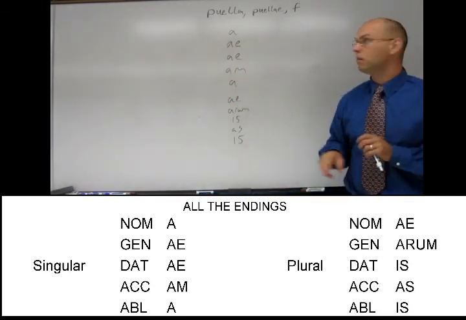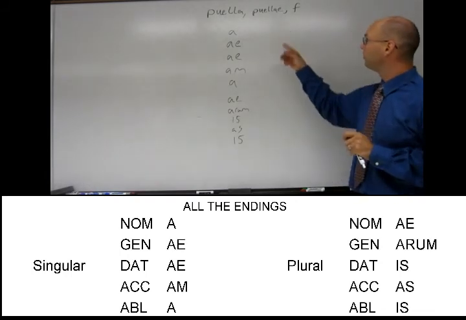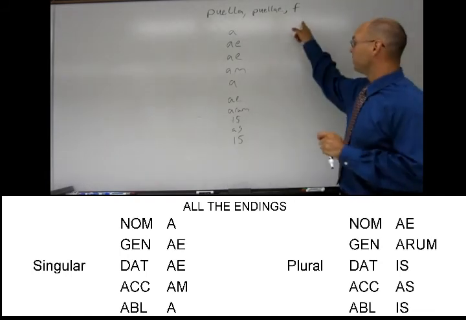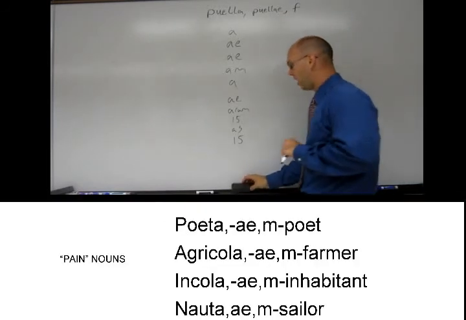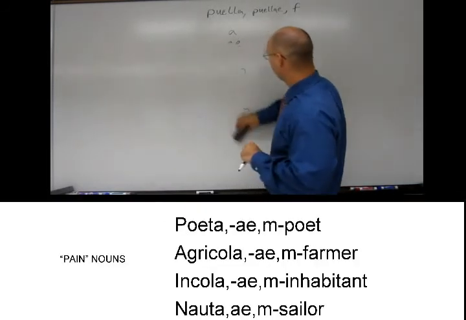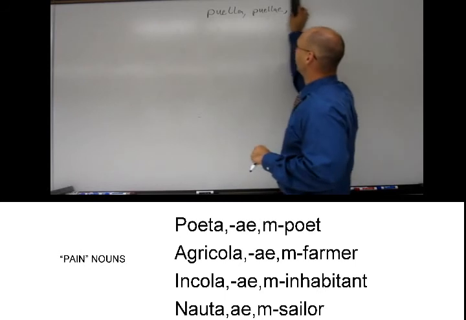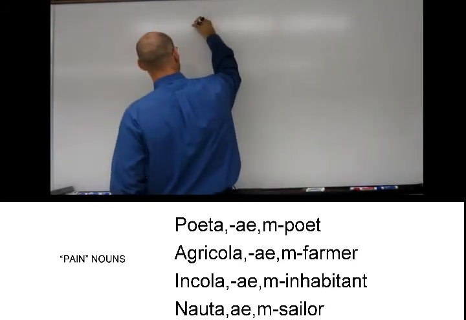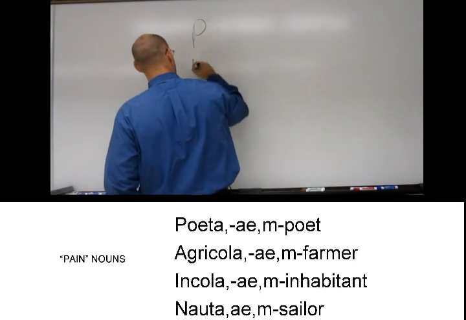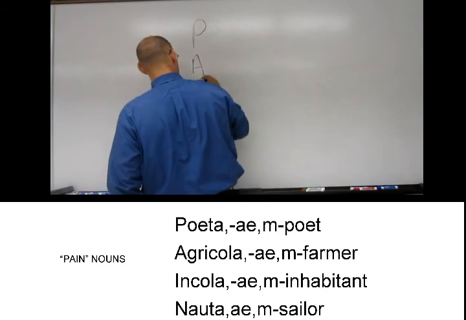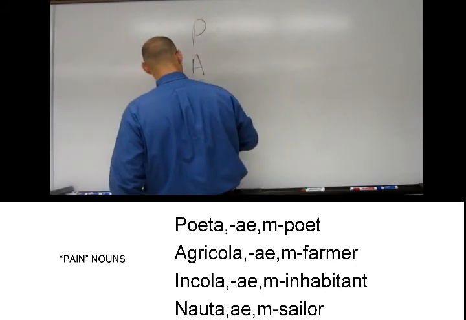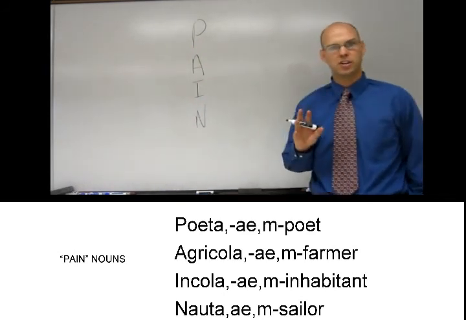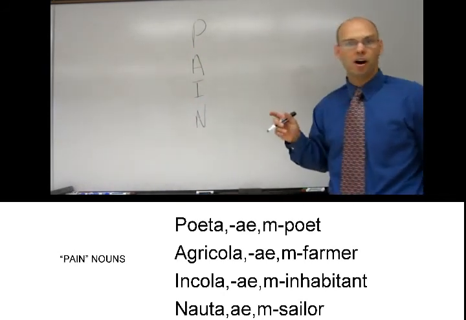As mentioned before, almost all the nouns in the first declension will be feminine in gender. The common exceptions are what are known as the PAIN nouns. It's a mnemonic device: P, A, I, N. These are four common first declension nouns that are masculine.